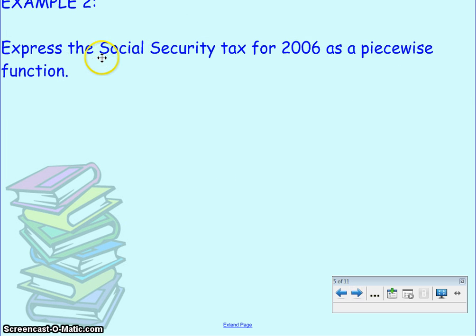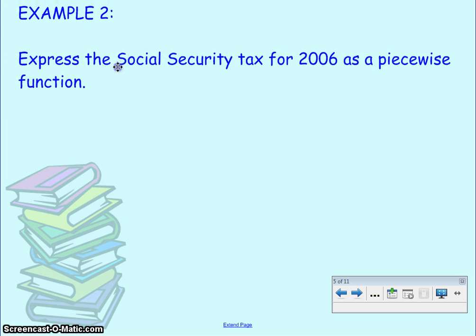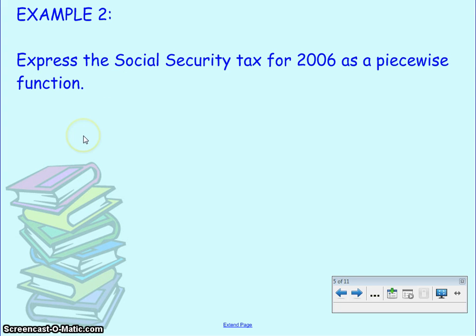Example 2, it says express the Social Security tax for 2006 as a piecewise function. So the function of X here, remember our piecewise function simply breaks out each specific scenario.